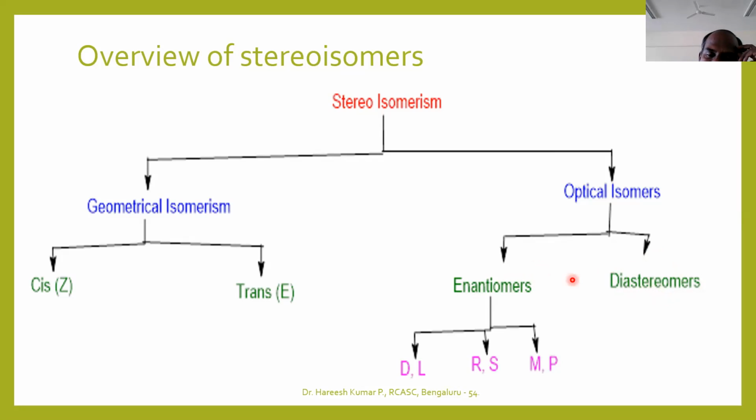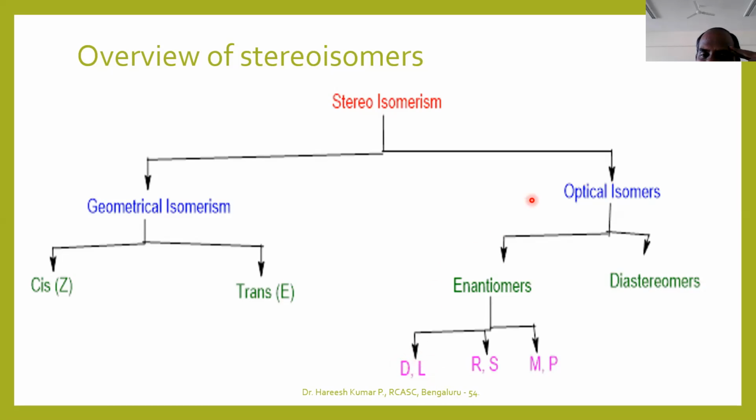And when we come to notations, for example, I think you are aware about the configuration. Configurations are D and L. D means dextro and L means levo. This is with respect to the configuration, not with respect to the rotation.